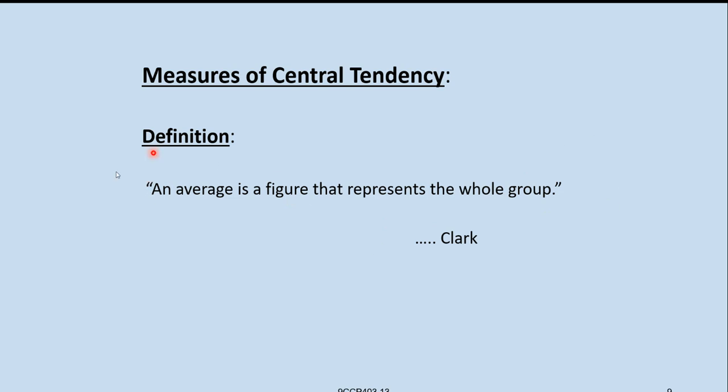Basically, an average has to represent the whole group of data, all the rows of the data, all the values of the data. That is the actual meaning of average. When we calculate the average, that value will represent the whole data. How it represents the whole data, we will see in the later part of the second unit and third unit.